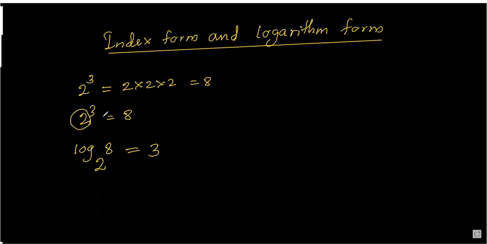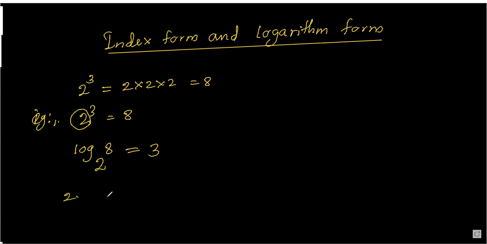Right? 2 to the power 3 equals 8. Then log 2 base. This is the base. For log also it is the base. Then this is the answer. 8 equals 3. Now remind it. Right? Another example I just remind you.